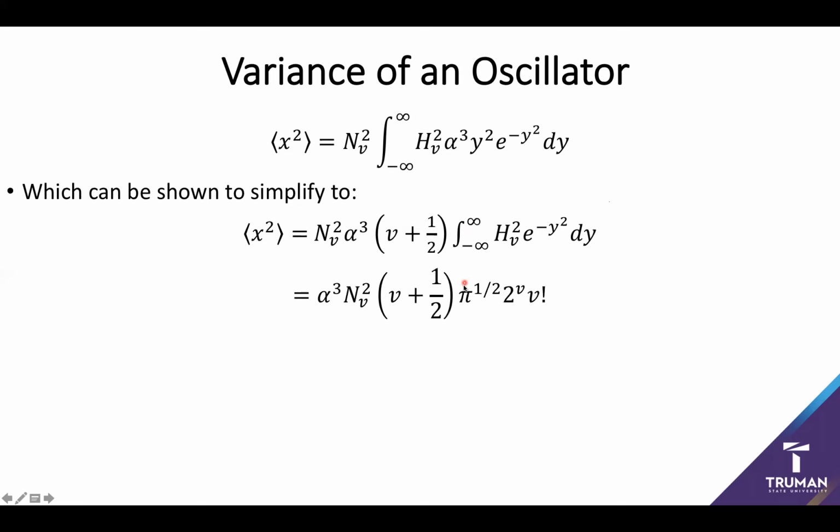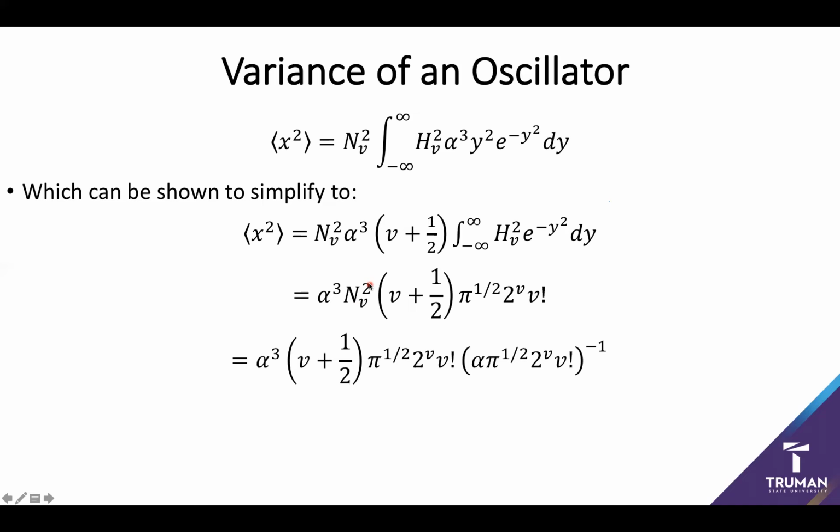So this gives us a general solution of v plus 1/2 times the square root of pi times 2 to the v times v factorial. Now, the reason that this expression, as weird as it is, should look familiar is because it's what we got when doing our normalization constant.